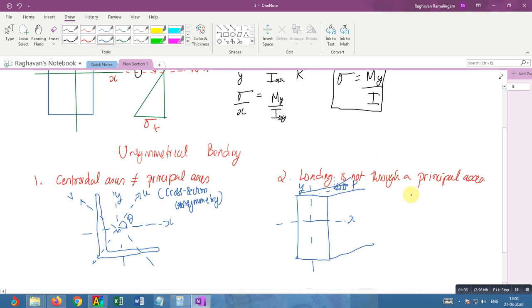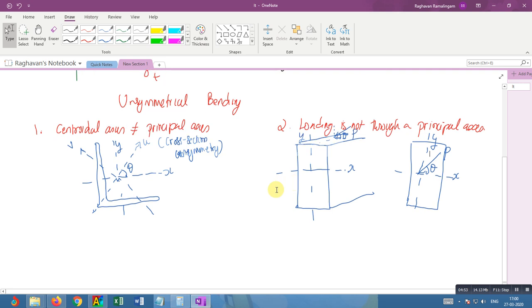So this is a case where you have symmetry, but your load is acting inclined. Your load is not through the principal axis, but inclined to the principal axis. So this is the second case where you have such a situation.